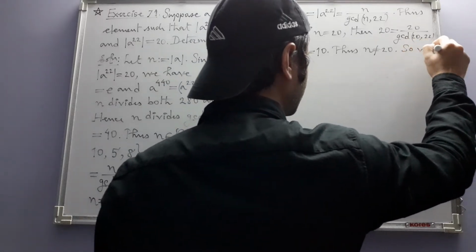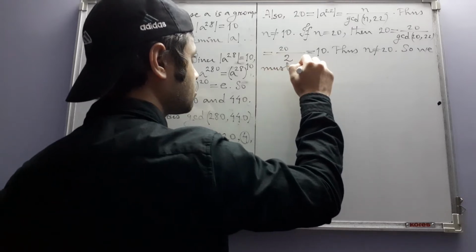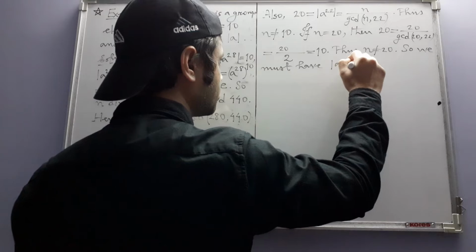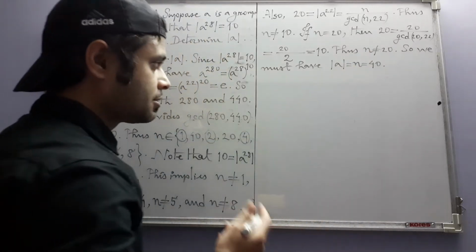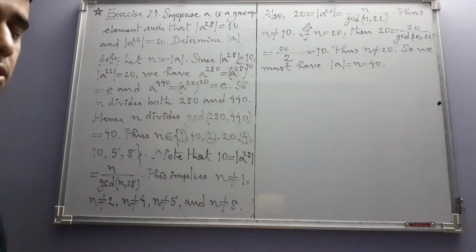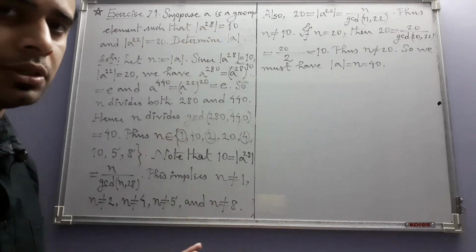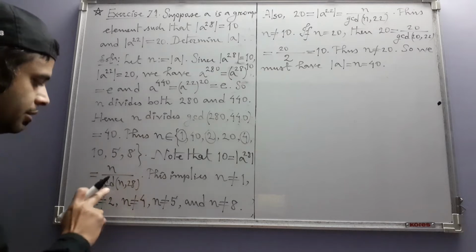So we must have order of A equal to n equal to 40. And you can see that when you have n equal to 40, then these equations turn out to be true, which you can see from here.